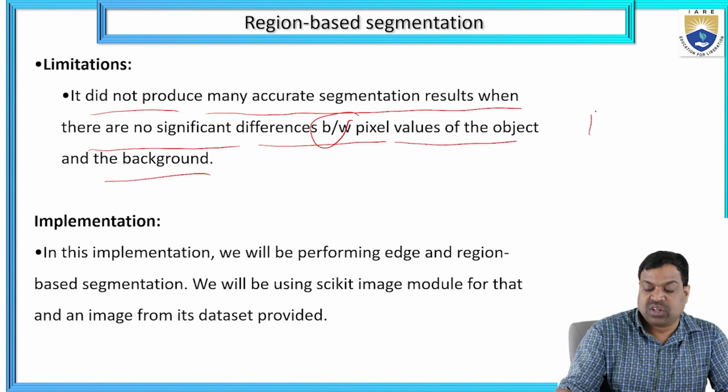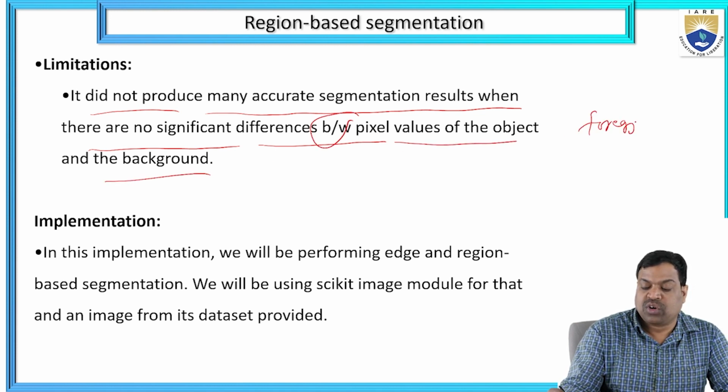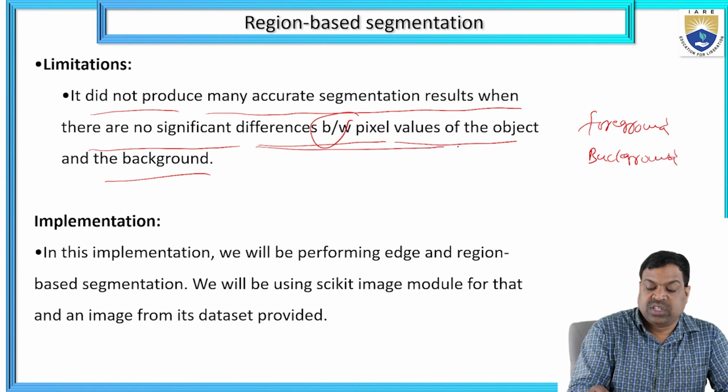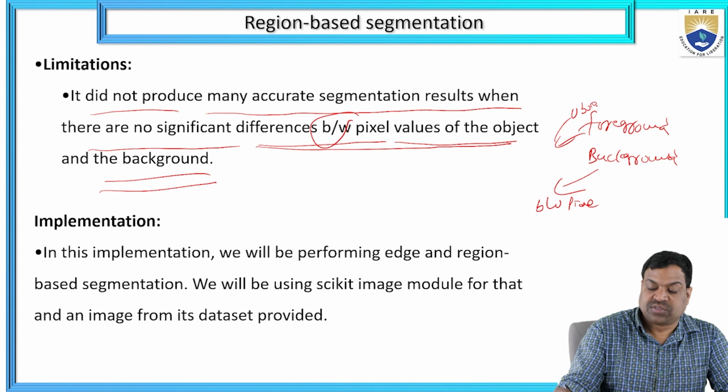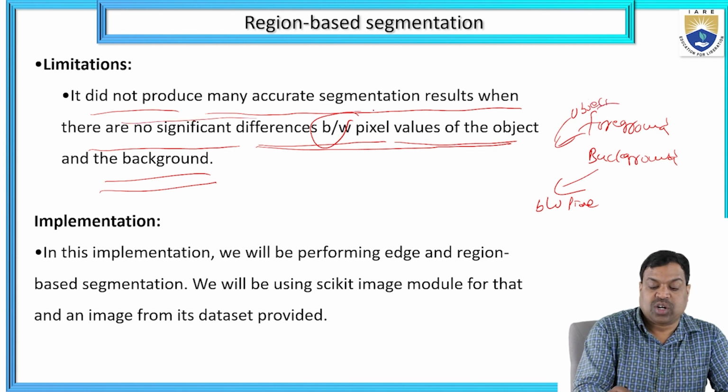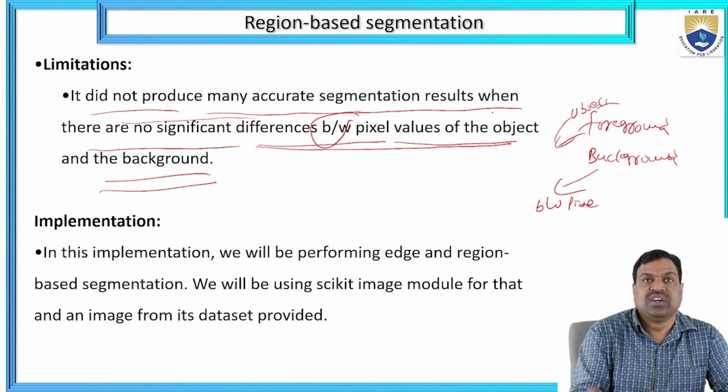So when I'm going for the foreground and the background, the background consists of pixel values, and the foreground is the object. It does not produce very accurate segmentation results when there are no significant differences between pixel values of the object and the background.